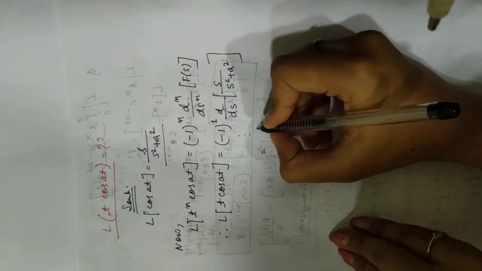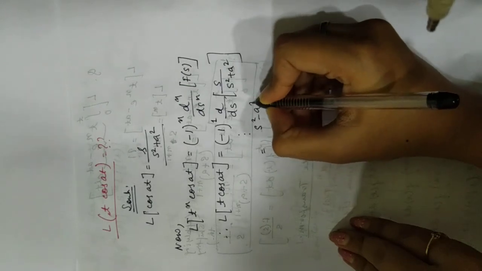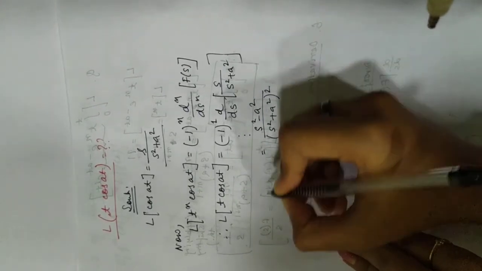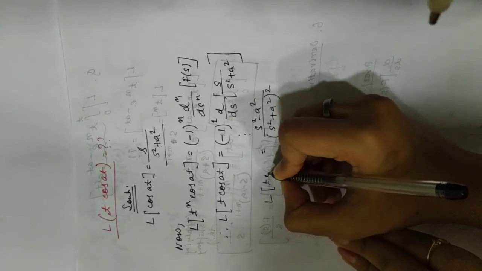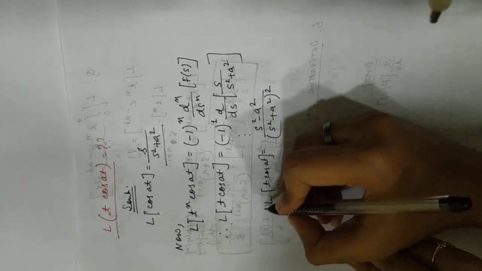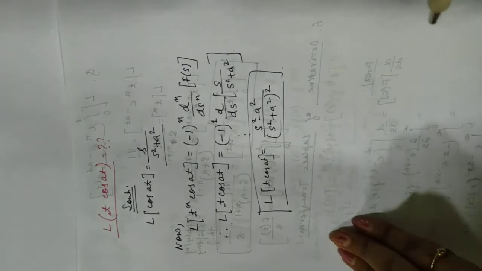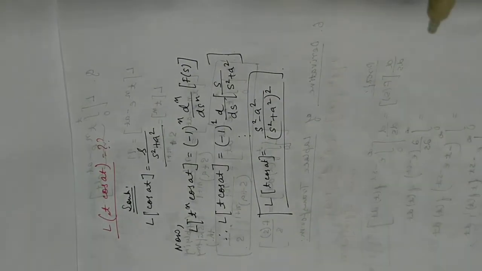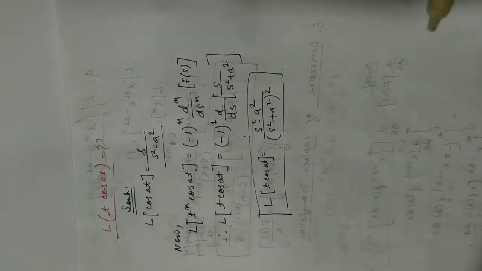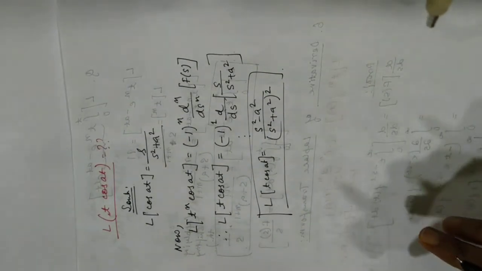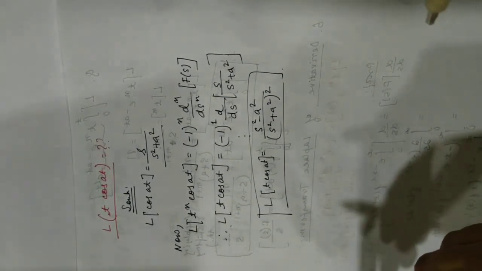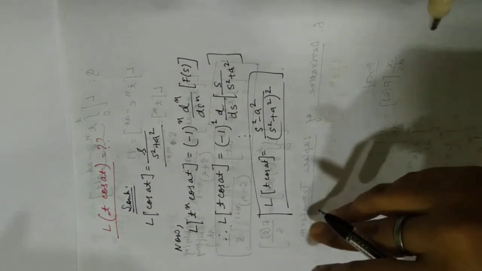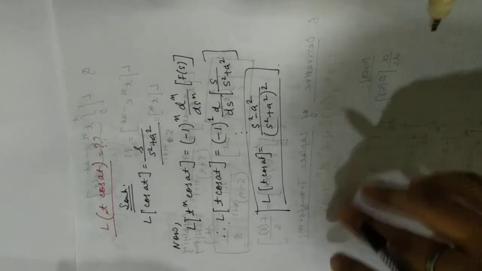We'll finally end up with s square minus a square divided by s square plus a square, whole square, right? So if you understand the theorems, you can solve quite tough problems in a much easier manner just by applying the theorems. So these are of great use, just that you need to be acquainted with these theorems a bit.